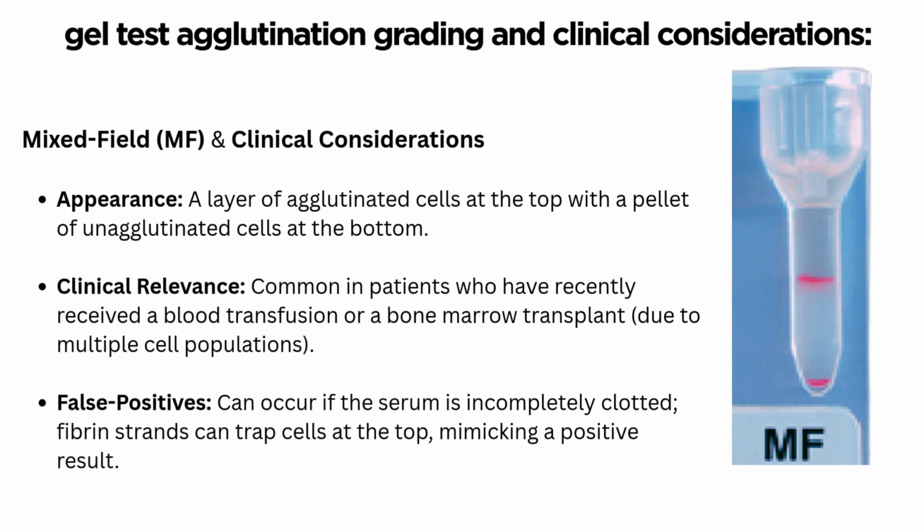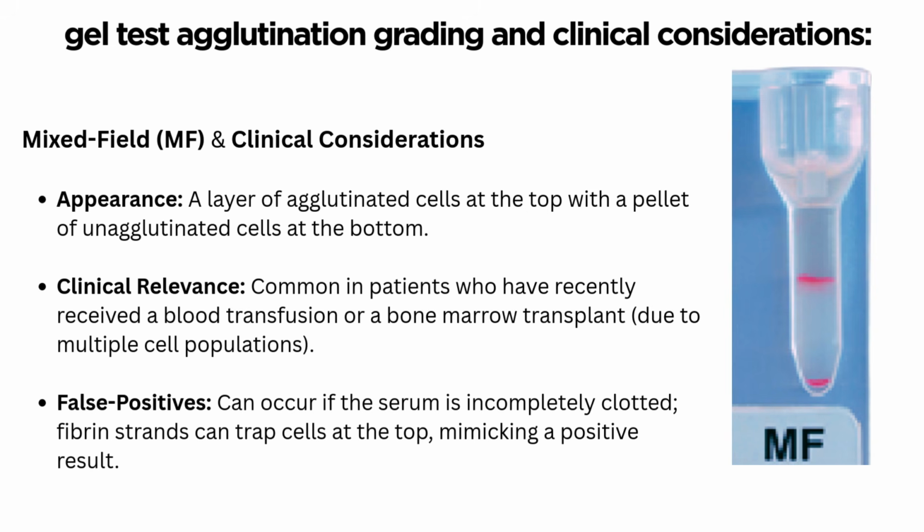So, here, there's a special thing that might happen to your results, something we call a mixed field reaction. When examining the gel test agglutination grading, it's important to understand what a mixed field reaction is and what its clinical implications are. So, first, let's talk about the appearance.